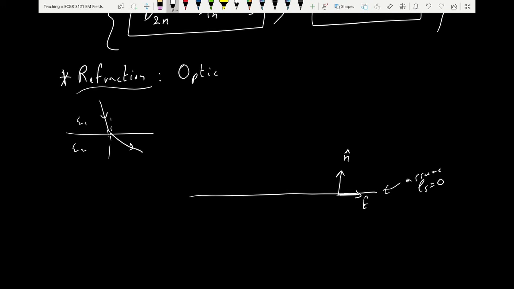Okay, so there's material 1, material 2. Just after the interface in material 1, I have E1, and just before the interface, I'm going to draw it this far, but imagine it just before the interface, I have E2.